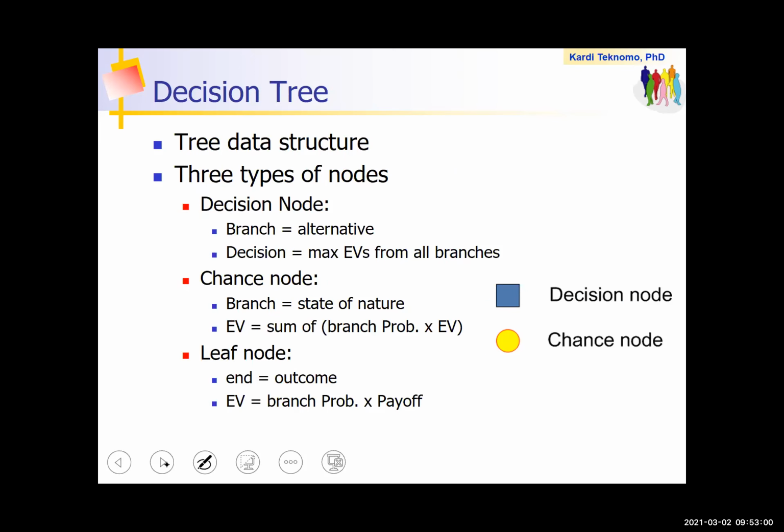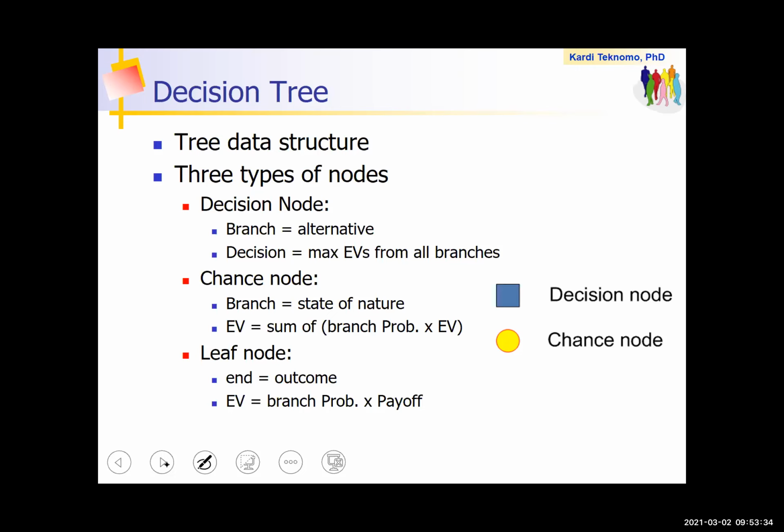Basically, it's a tree data structure. You know, a tree has a root, then you have the trunk, some branches, and some leaves at the end, right? So this is a simplified model of a tree. Similarly, you have a root, and then you have three types of node in this case. You have decision nodes, where the branches are alternatives.